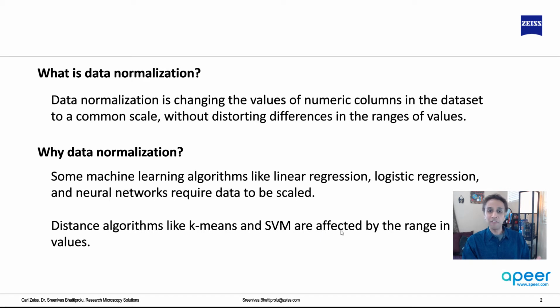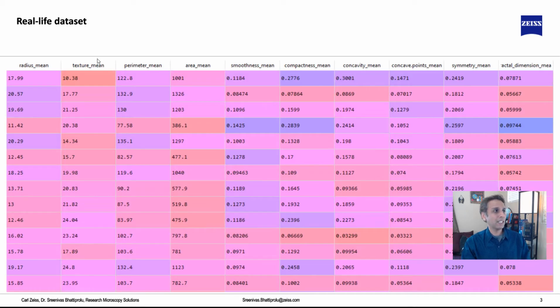Now, what do I mean by feature values? For example, if you look at this data set, let's not worry too much about what it is, but one column has the title radius, the other one is texture, perimeter, area, smoothness, a whole bunch of stuff. Here you can see this column on average has a value of about 15, 16. Same thing with this one, okay? And the perimeter is around the 100s.